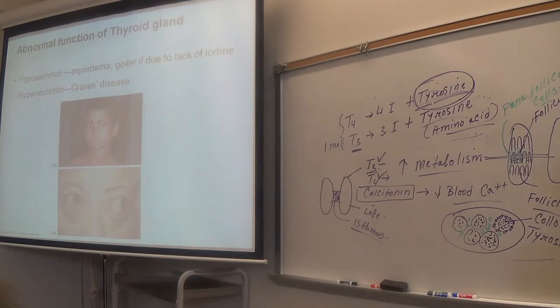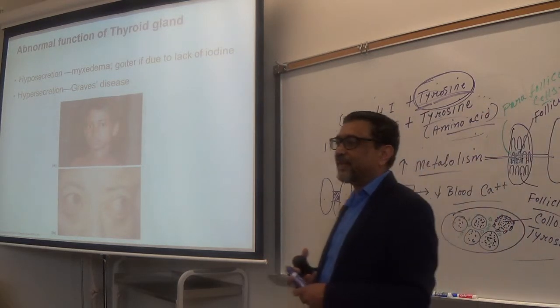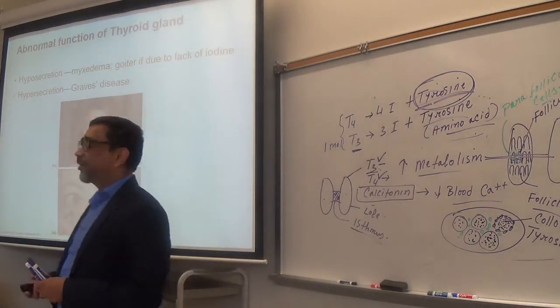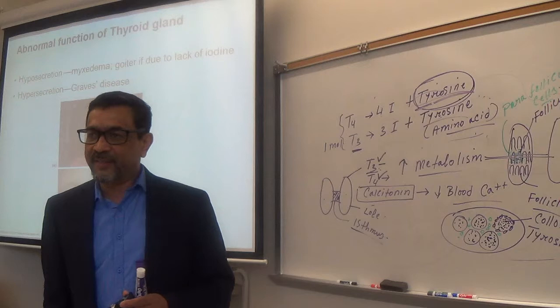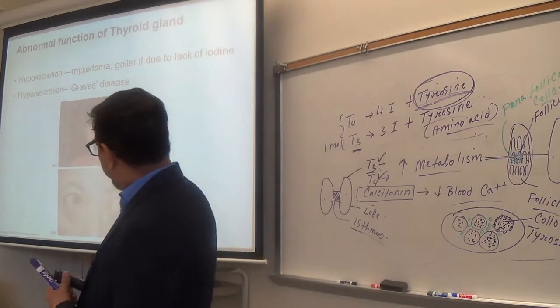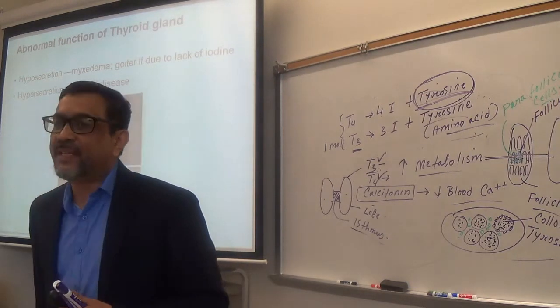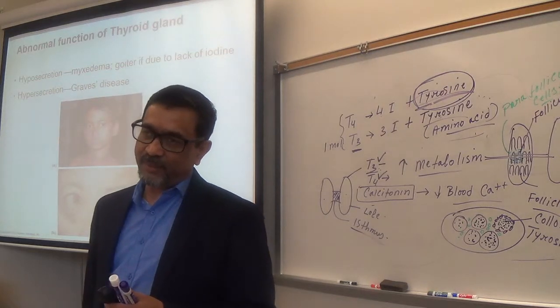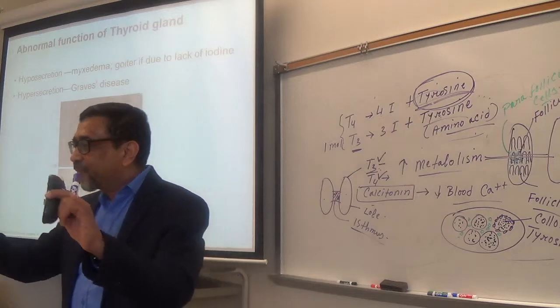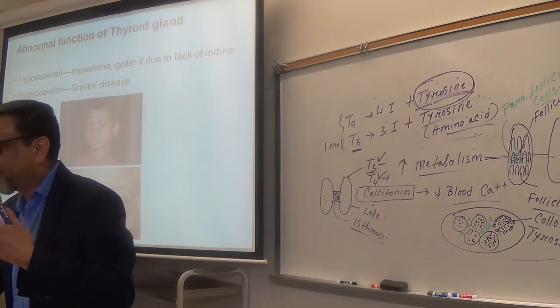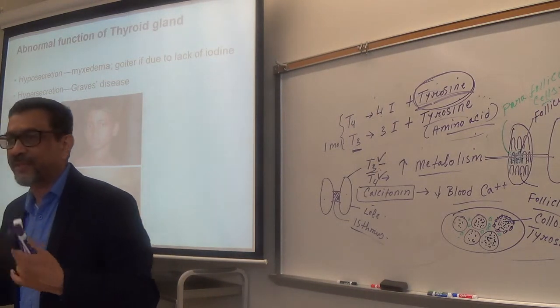Prolonged hypersecretion can cause a clinical condition that is called Graves' disease. Graves' disease is a result of hypersecretion of thyroid. Now you tell me, I already mentioned, if the thyroid gland works more, hyperthyroidism, right? Hypersecretion.